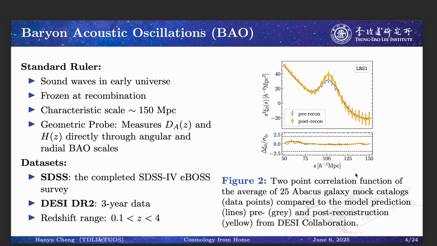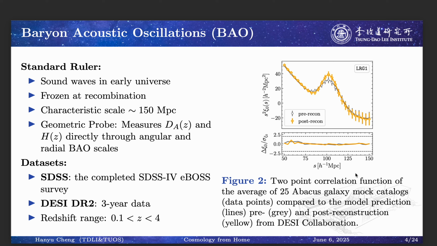This sound horizon scale is very important, and we can still see it nowadays. In the right panel, we show the histogram of the two-point correlation function of galaxies. This peak gives us the typical size of the BAO scale today.